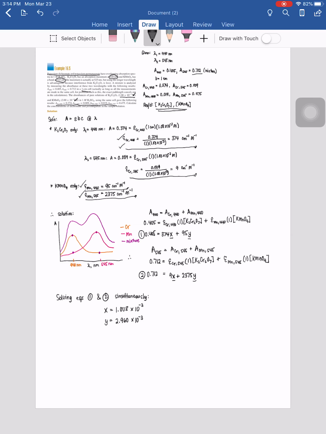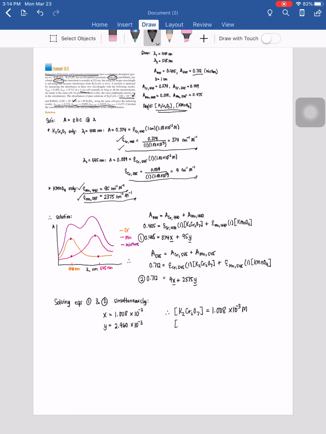Now, since in this particular problem, X represents the molar concentration of potassium dichromate, I therefore conclude that the molar concentration of our analytes are as follows. For potassium dichromate, which is equal to X, that is now equal to 1.008 times 10 to the negative 3 molar.